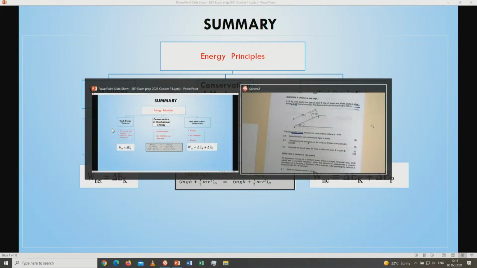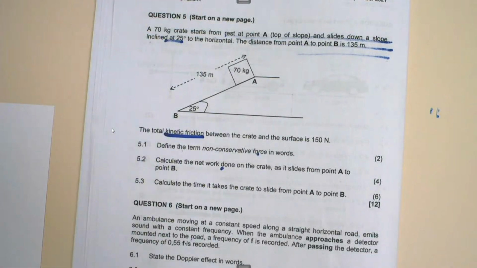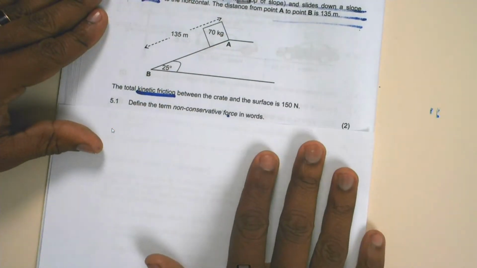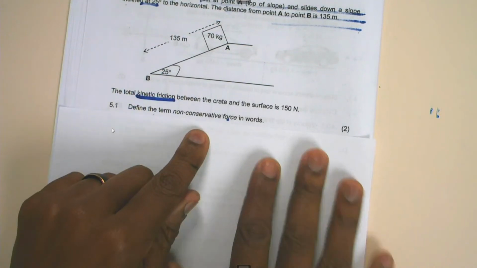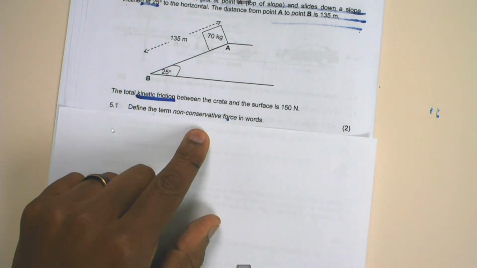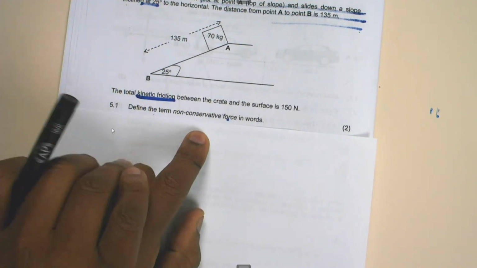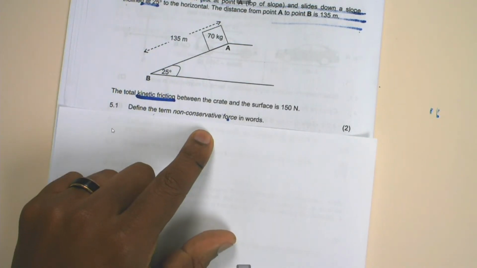So we'll try and solve this one quickly so that at least we speak the same language. Let's move on. It says define the term non-conservative force. Remember, it should be just an easy 2 marks. It's a definition, it's non-negotiable. So all the definitions in a paper, you should be able to achieve maximum marks.